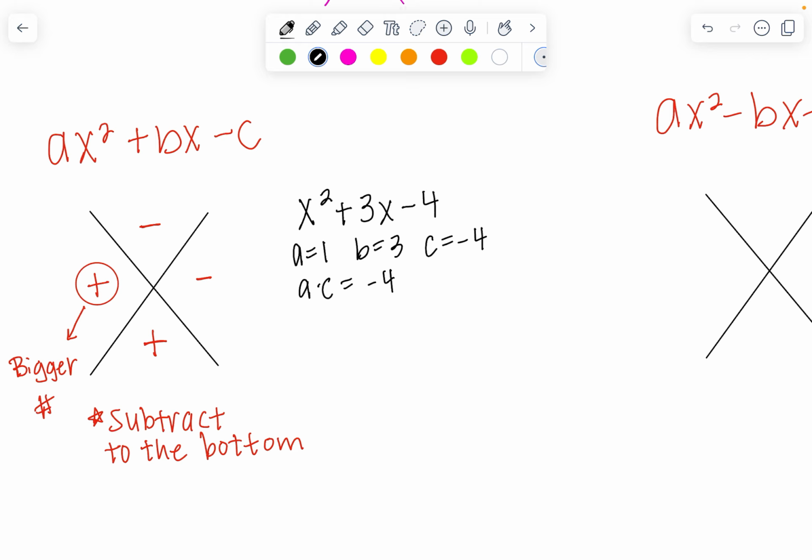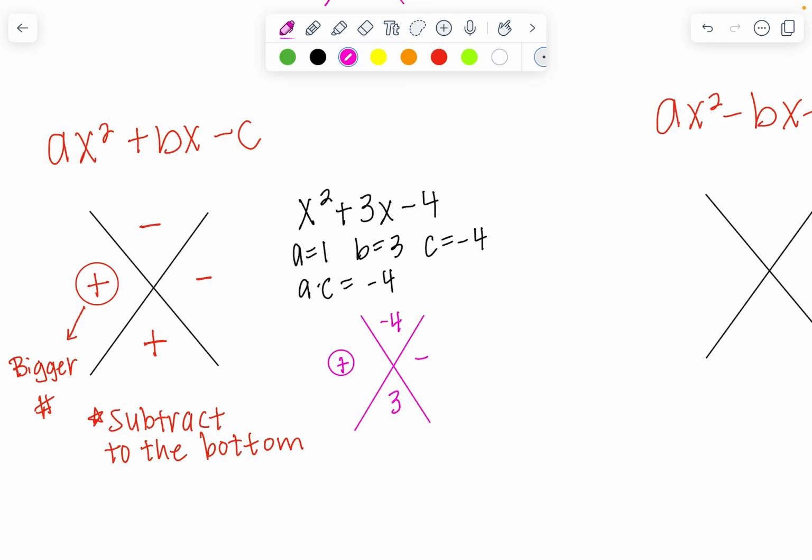So if I were to do this one, I would have negative 4 on top, positive 3 on the bottom. So we need a positive number and a negative number. Again, I'm going to circle the positive so I know that that's going to be my bigger of the two factors.